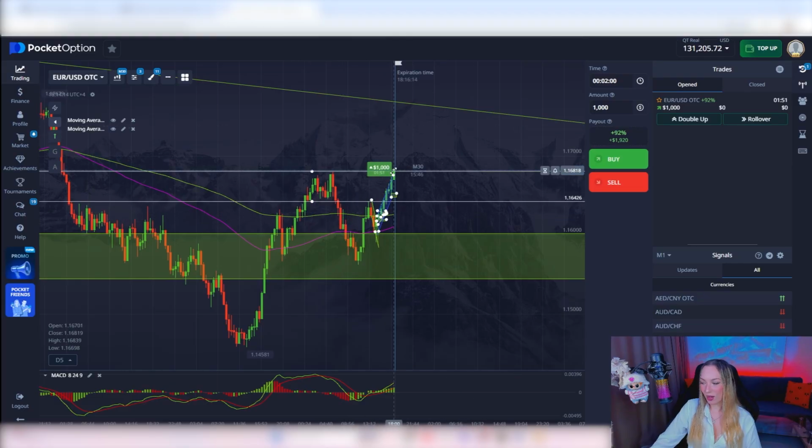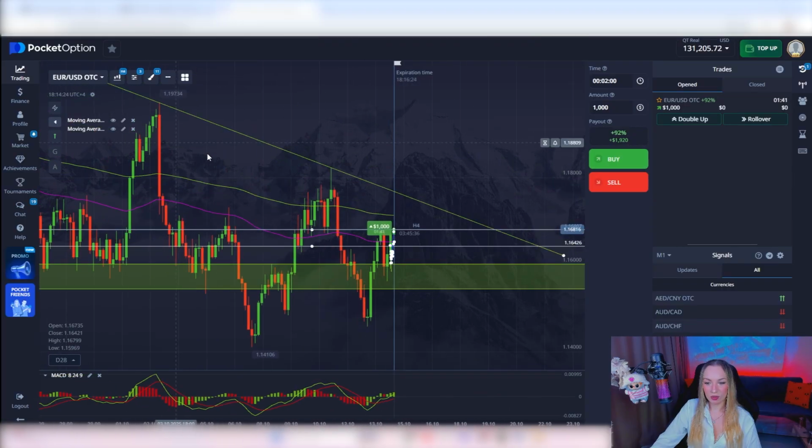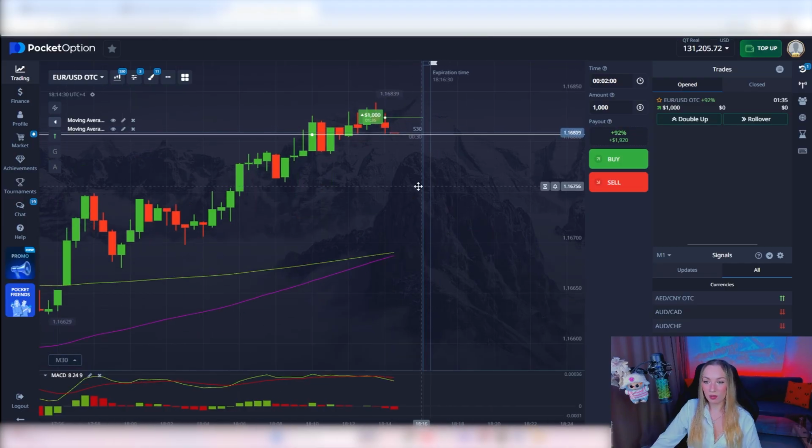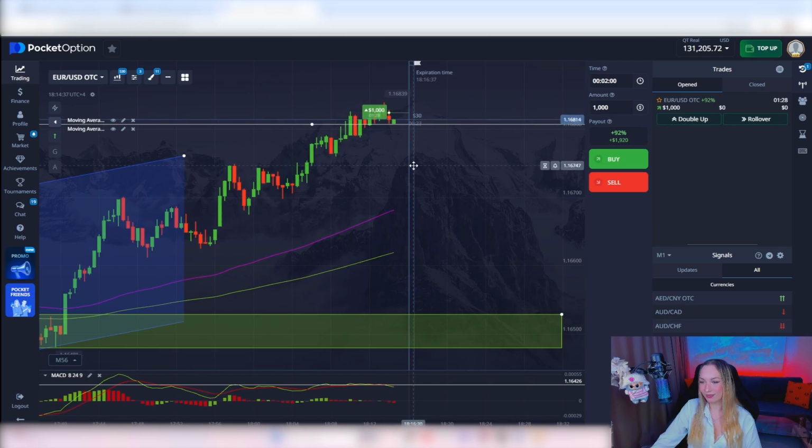As I can see, the price wants to touch this resistance line that I draw here on a bigger period of time. So it just goes up without even any volatile movements. And look, when I opened the trade, it started to go down. Perfect price. But okay, we still have more than 1 minute of waiting, so let's just wait.